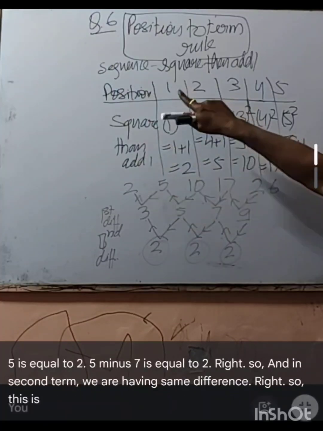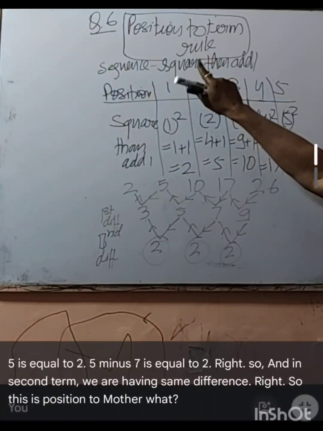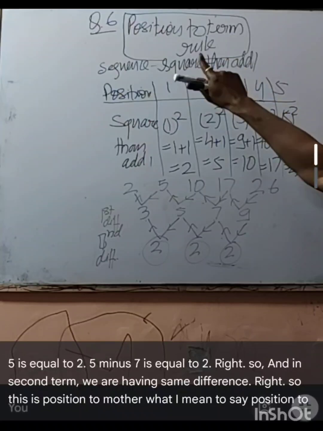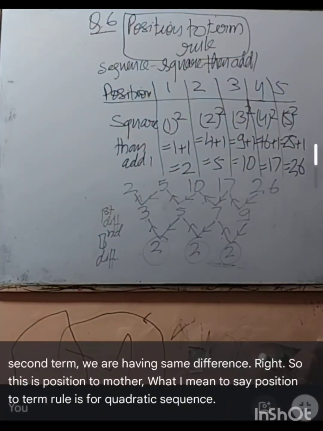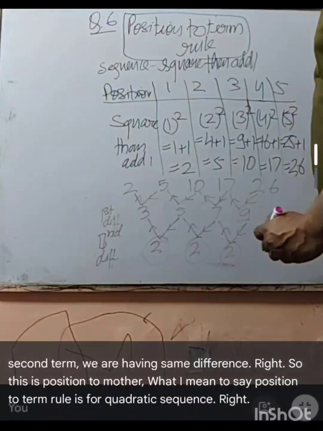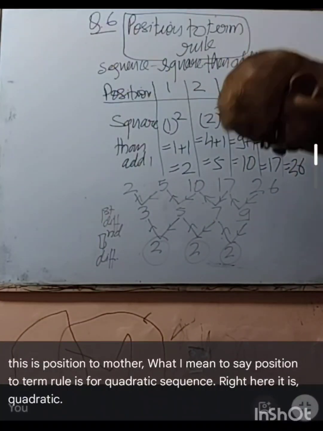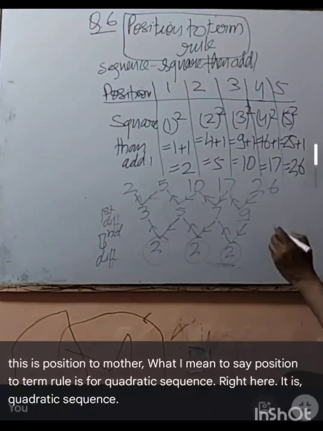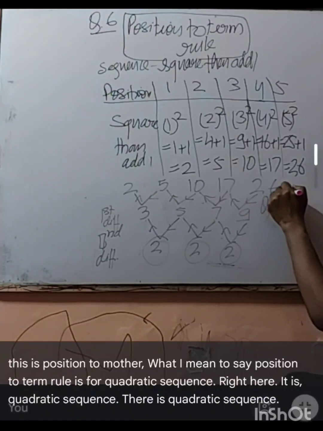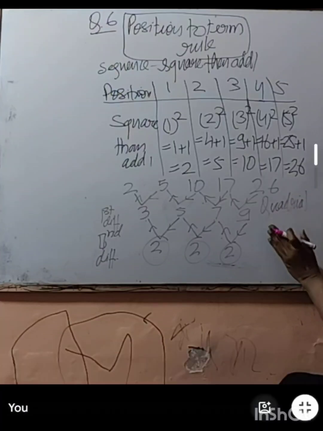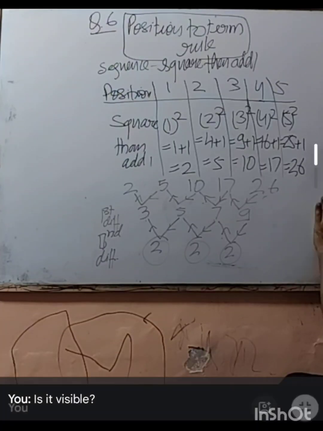So what I mean to say, position to term rule is for a quadratic sequence, right? Here it is a quadratic sequence. Is it visible? No, it's not.